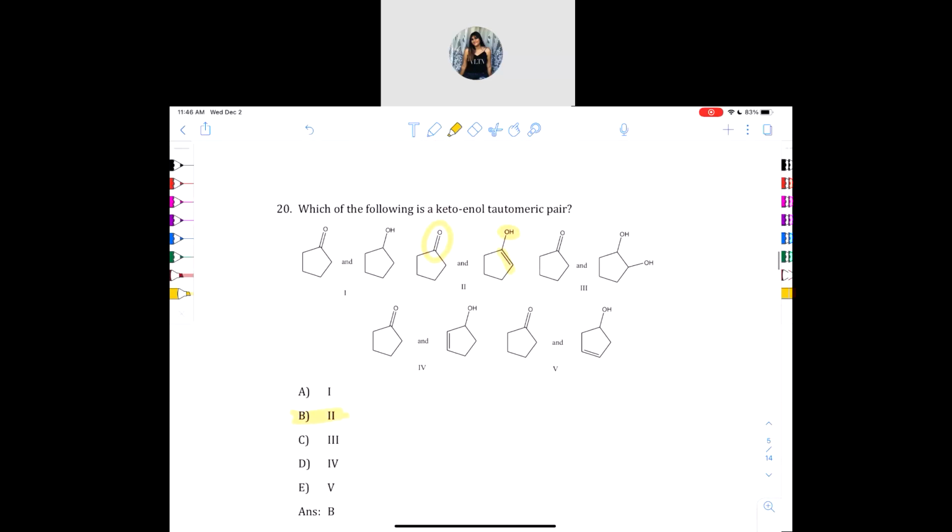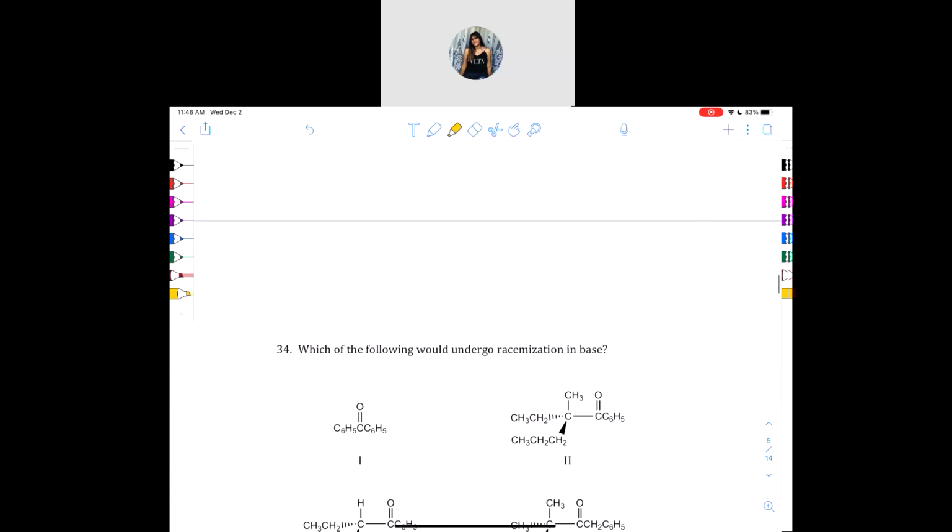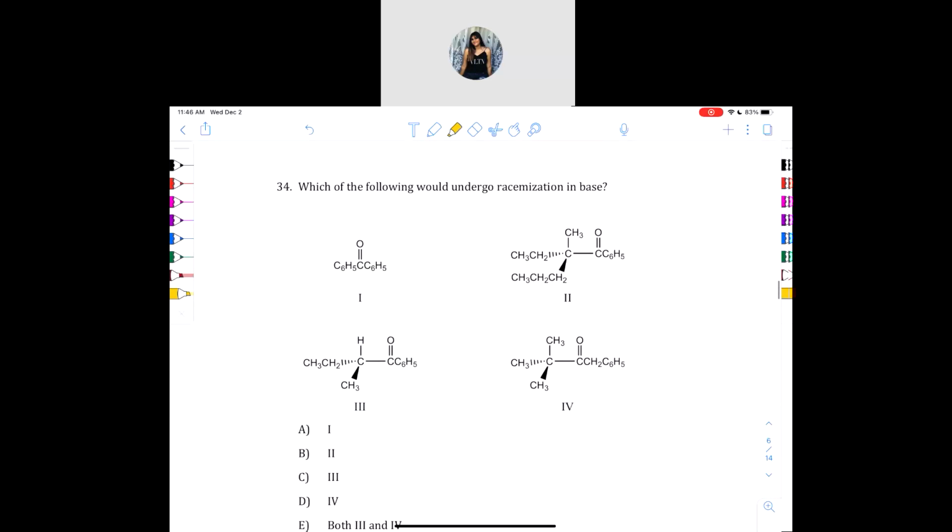Going on to the next one. Are we good? I think we are. Alrighty. So please tell me what is required for a racemization reaction.